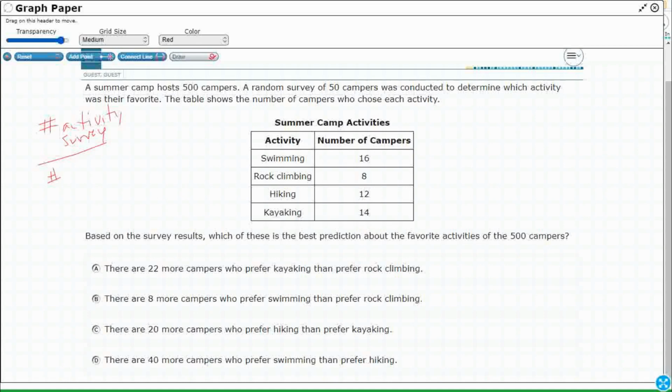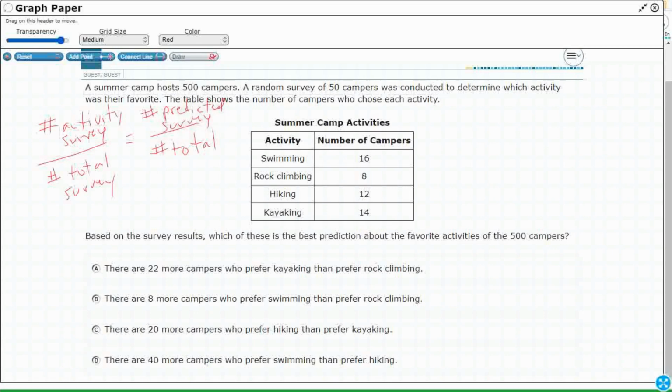And then we're going to make it a fraction of number of total in the survey. So in our proportion here, we're going to look at how many people chose that activity in the survey out of how many total people were in the survey. And then what we're looking for is the number of total campers, right? That's the 500. And then the number predicted for the survey.